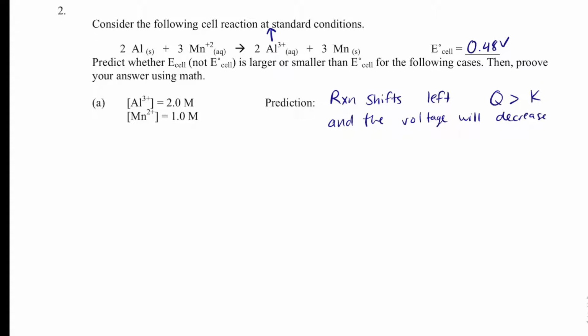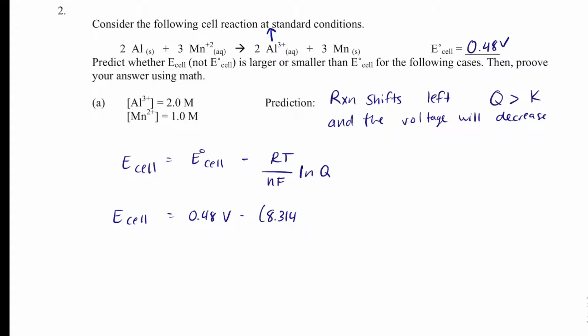So what I want to do is plug this in and see what I get. E cell is equal to E naught cell minus RT over NF ln Q. So we want to just solve for the E cell, 0.48 volts. We will assume that we're still at 25 degrees Celsius, and then N is 6.